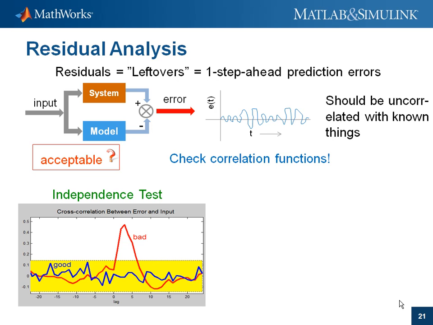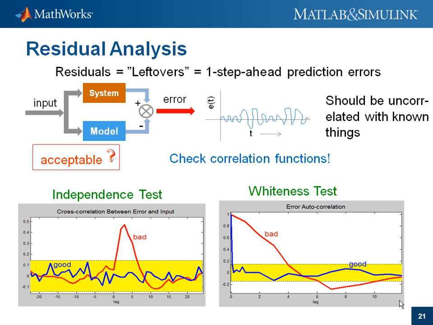The significance of the estimate is here illustrated by a yellow band. Anything outside this band is an indication of significant correlation. Here we see the autocorrelation among the residuals. If we have built a successful disturbance model, the residuals should be white, so that this function should lie within the yellow band. So let us try that on our data set.